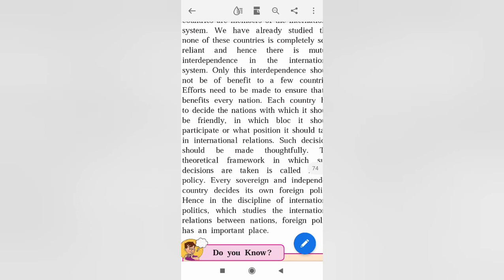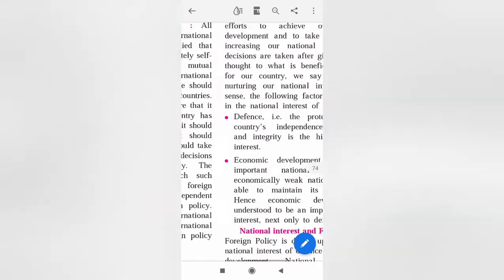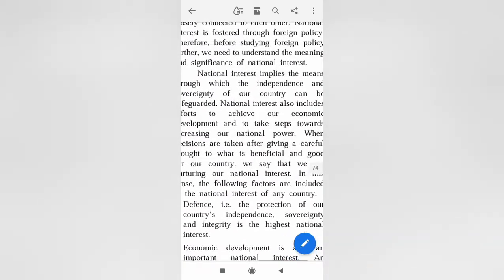National interest and foreign policy are closely connected to each other. National interest is fostered through foreign policy. Therefore, before studying foreign policy further, we need to understand the meaning and the significance of national interest.